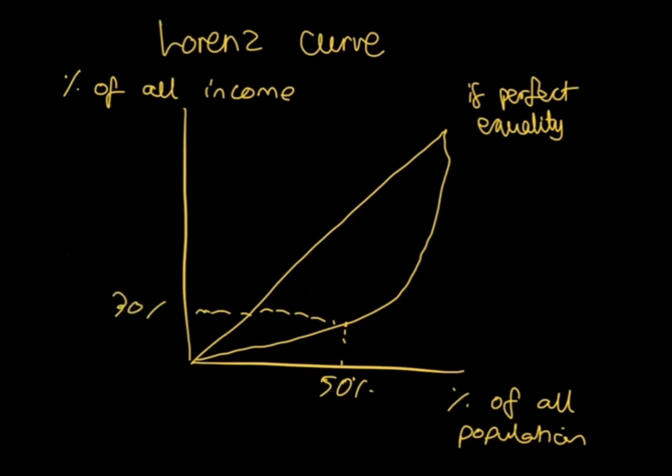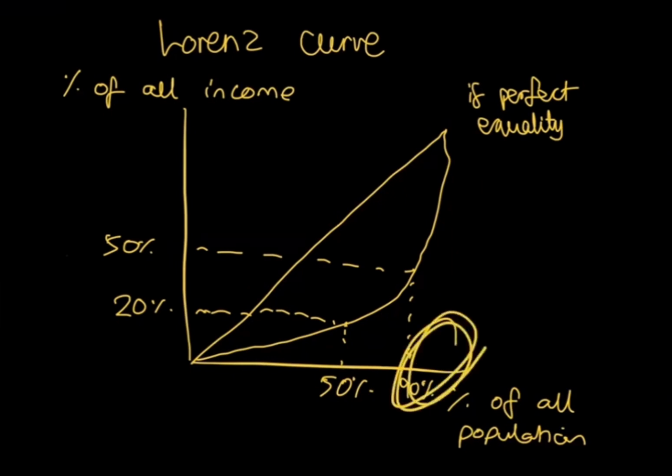I'm just making numbers up, but that makes sense, right? 90% of the population might earn 50% of all income. So how much does the last 10% earn? From 90 to 100, how much of the income do they earn? Would it be 30? 50, right?